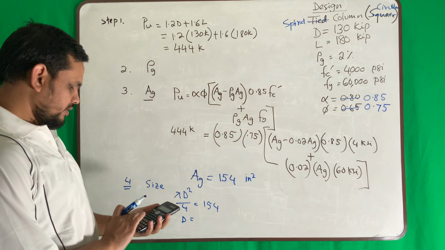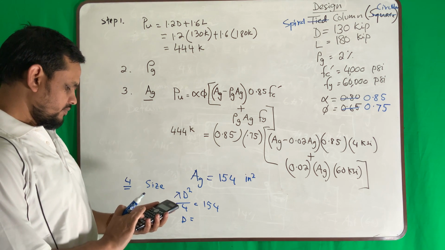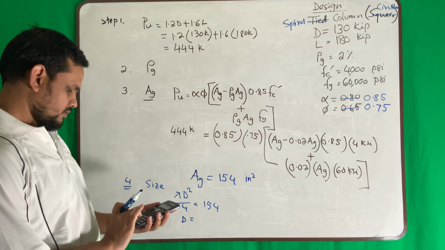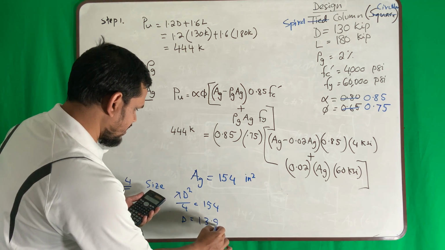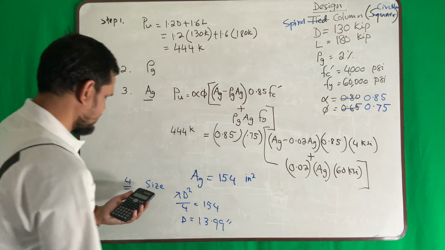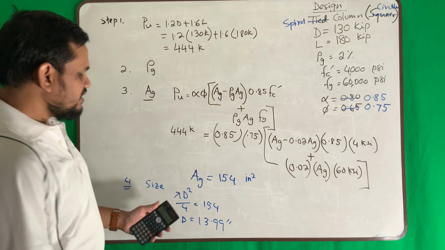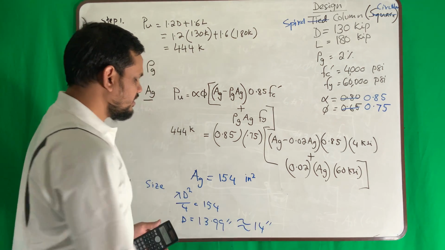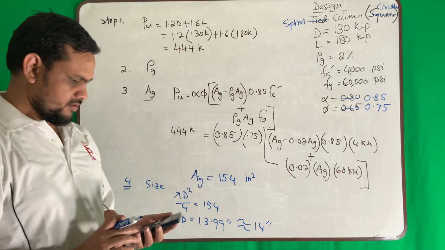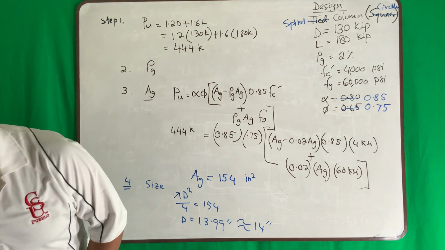So my d will be square root of 154 times 4 divided by 3.1416. 13.99 inch is my diameter. So it is almost like 14 inch diameter. Okay.